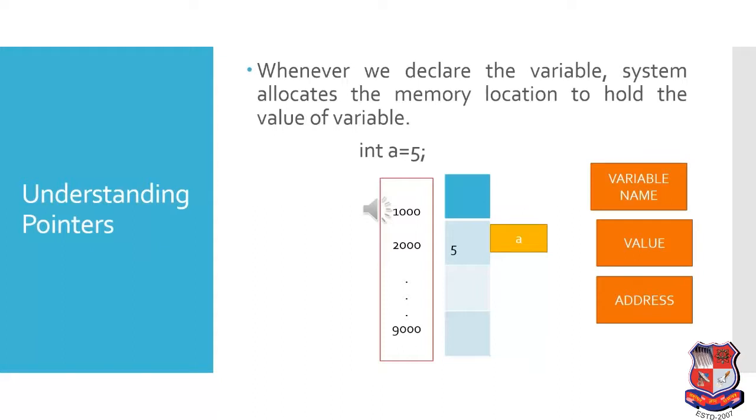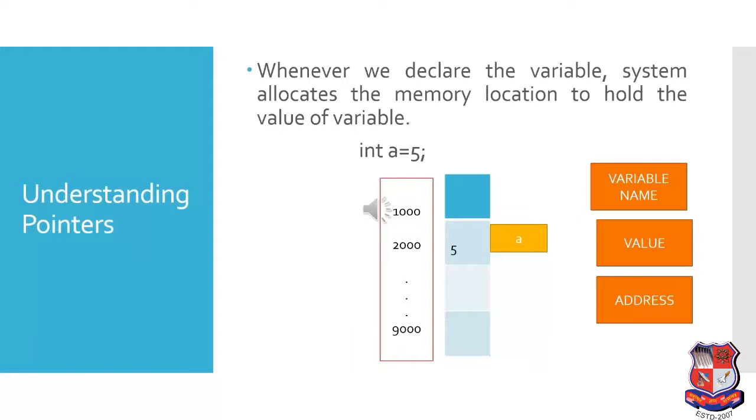So, at this particular address, the value 5 will be stored. Clear? So, with respect to any variable, we have a variable name, in this case a, its value, that is 5, and address, that is 2000.